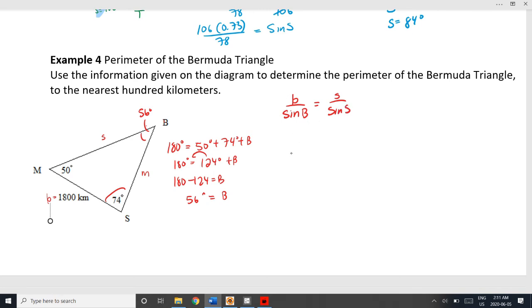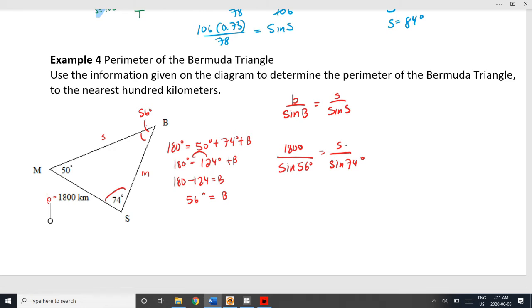So B we know is 1800 kilometers. Sine B is going to be the sine of 56, is equal to S, which is what we're trying to find, over sine of angle S, which is 74.